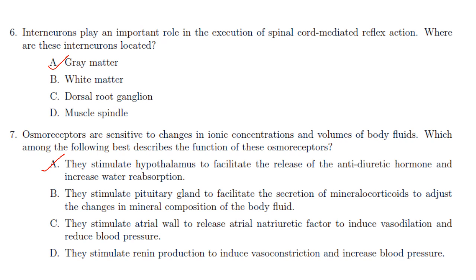They will send the signal to hypothalamus. Hypothalamus will send signal to pituitary gland to release ADH, which causes the kidneys to retain water and reduce the concentration of ions in the blood.